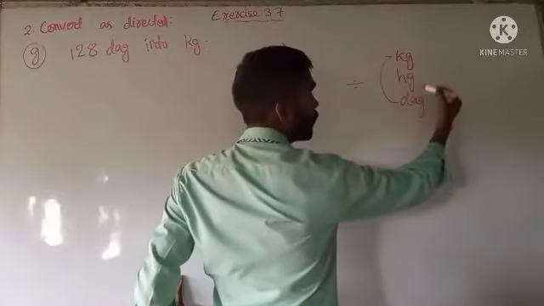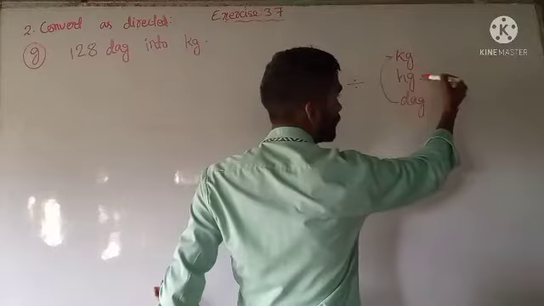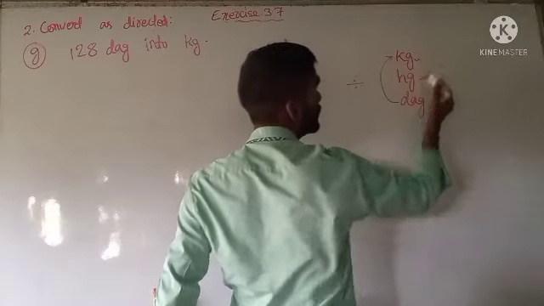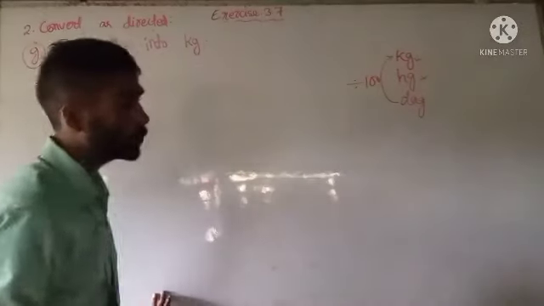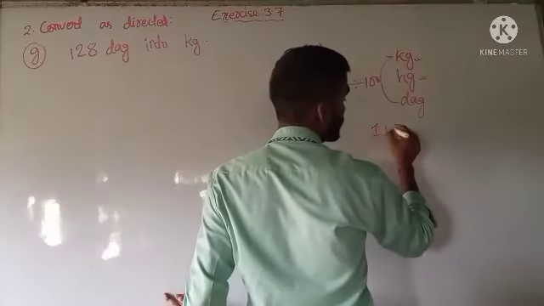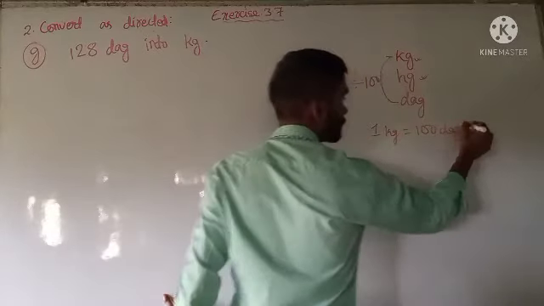For 1 unit we need to divide it by 10. Again the second unit, then 100. So we'll divide it by 100 here. So we can say that 1 kg is equal to 100 decagram.